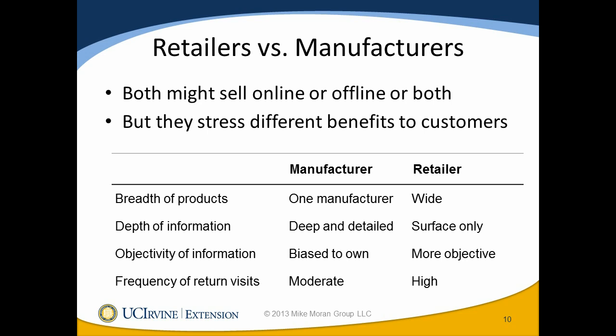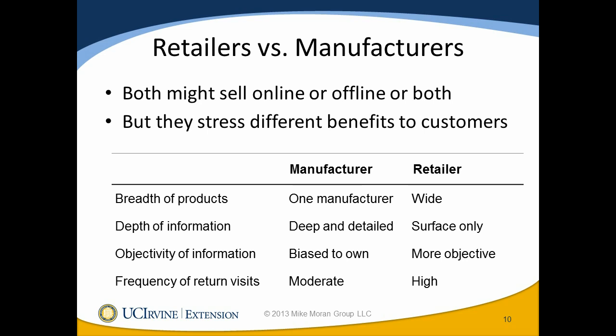So with a manufacturer site, its breadth of products is not going to be the same as for a retailer site. So a manufacturer is only going to carry its own products. And a retailer is going to carry products from many different manufacturers.